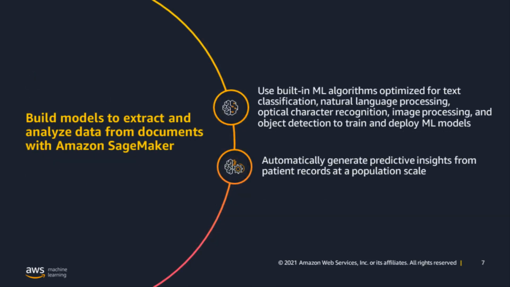So now let's look at some of the patterns that I highlighted earlier in a little more detail and see how the SageMaker features that I showed you before would map into some of these capabilities. The first thing that I want to bring up is the digital transformation that we've seen in health.